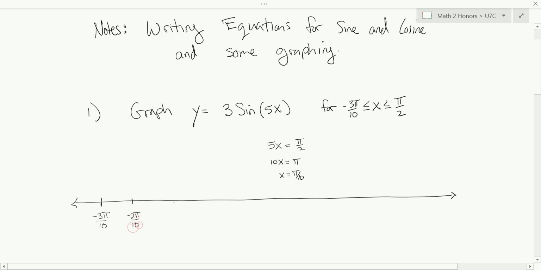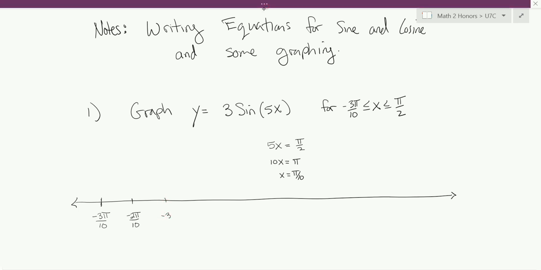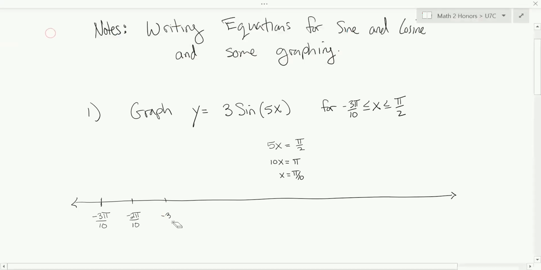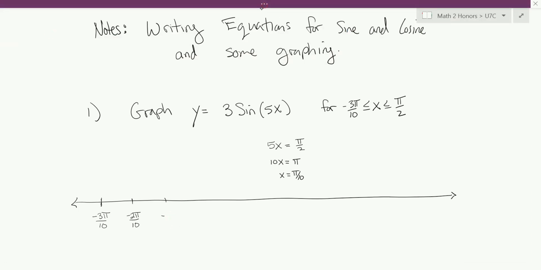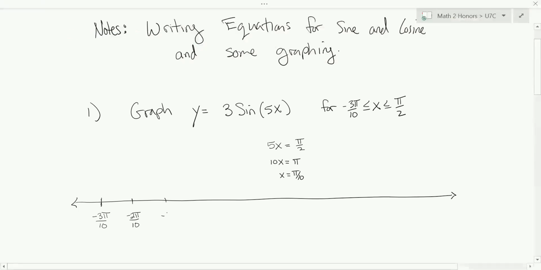And then the next one would be, oops, not -3, negative pi over 10. And then 0, and that's where 0 is on the x-axis. That's where your y-intercept is. So we found our y-intercept.